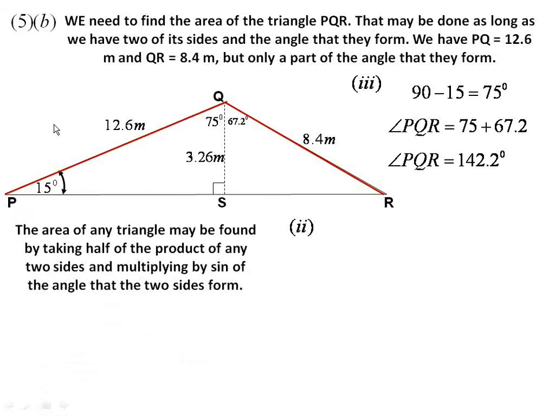The area of any triangle may be found by taking half of the product of any two sides and multiplying by sine of the angle that the two sides form, like this formula, half AB sine C, where A and B are two sides of a triangle and C is the angle that the two sides form.